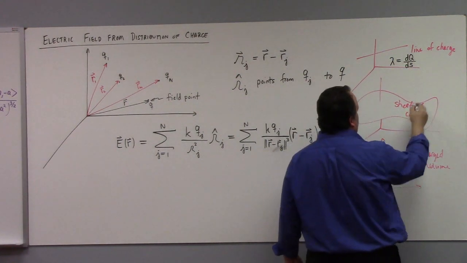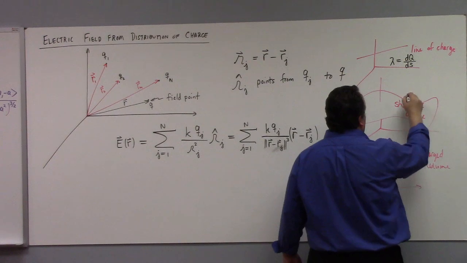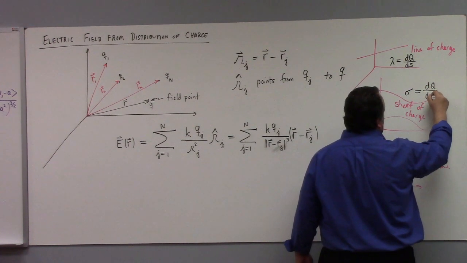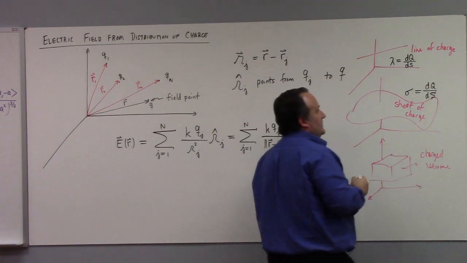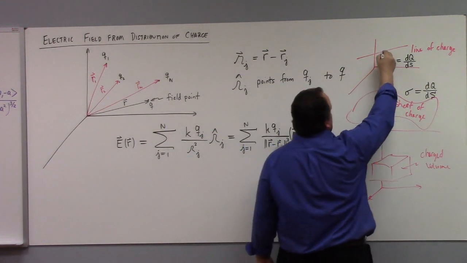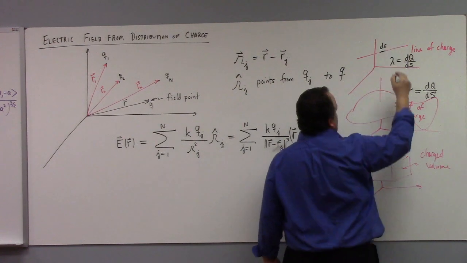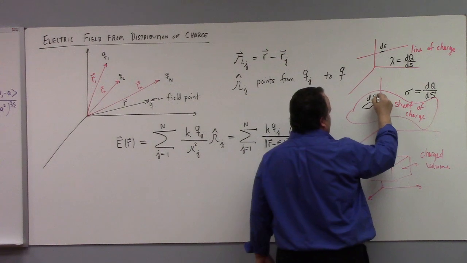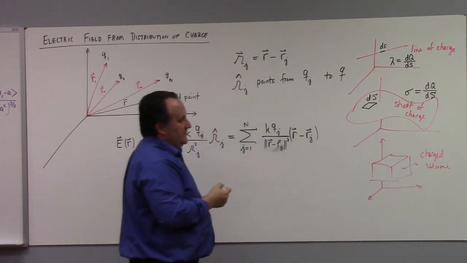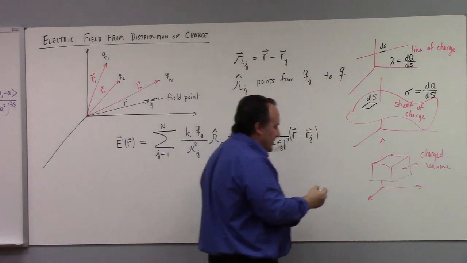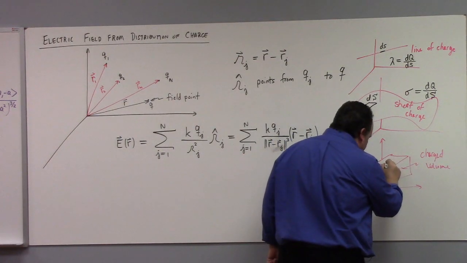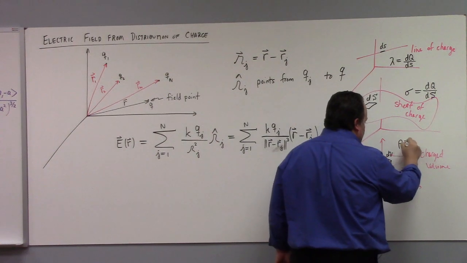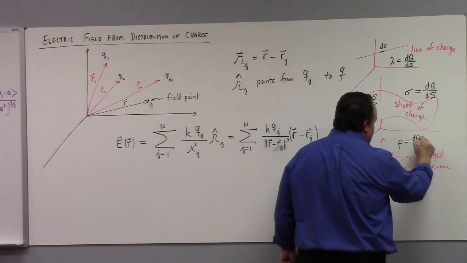For a sheet of charge, we'll tend to talk about sigma, which is the charge per unit surface area. Big dS is a little surface area element. And finally, for a charged volume, you think about a little box with volume dV, and so the charge density is dq over dV.